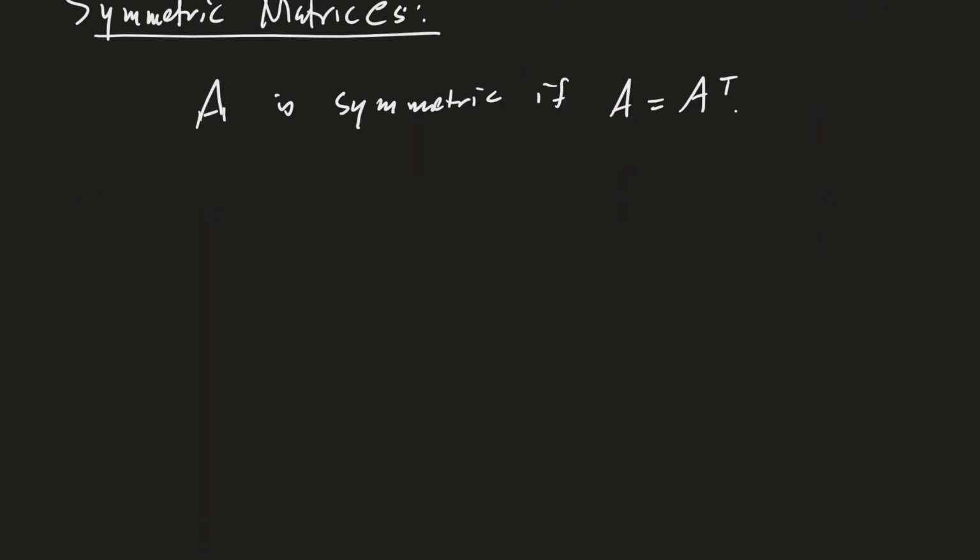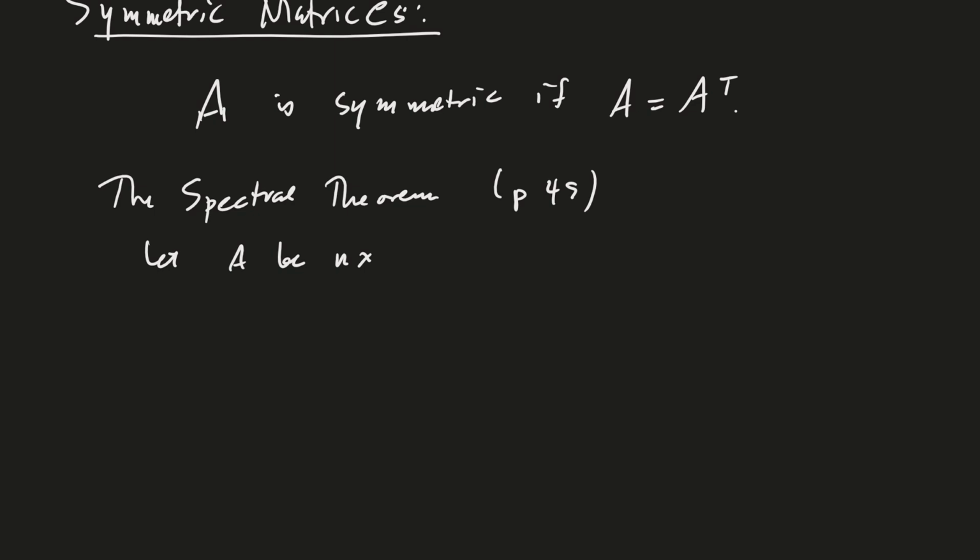The main theorem is called the spectral theorem, and it is on page 49 of the notes. Okay, and so let A be n by n and symmetric. Then 1. A has n real eigenvalues.